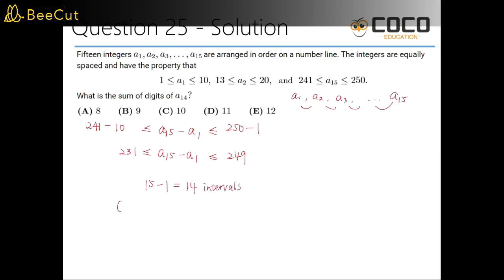So we can say the difference between the largest number and the smallest number is a multiple of, sorry, not a multiple of 15, a multiple of 14. Okay? Because there are 14 intervals. So these are all integers between any two numbers. The difference is also an integer. So when divided by 14, the remainder is 0. So we have to find a multiple of 14 that's within the range 231 to 249.